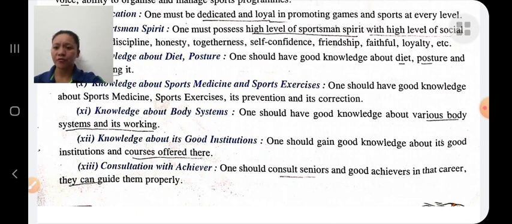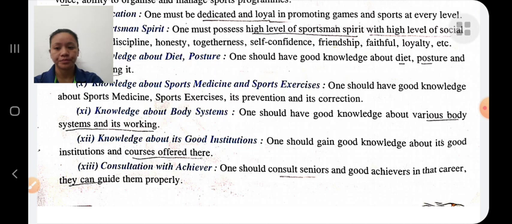Knowledge about good institutions which offer the course, and consultation with achievers. Once you consult seniors and good achievers in that career, they can guide you properly, so you should consult with your seniors.